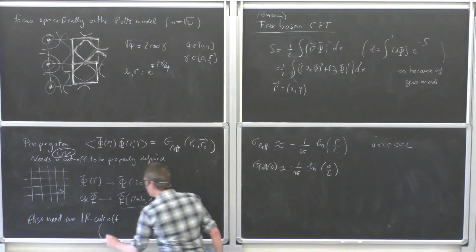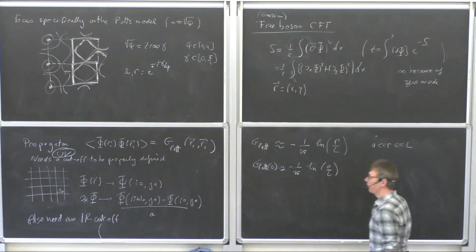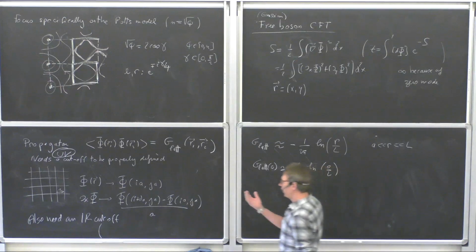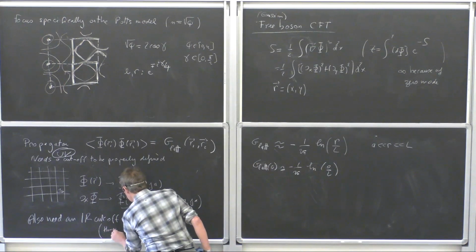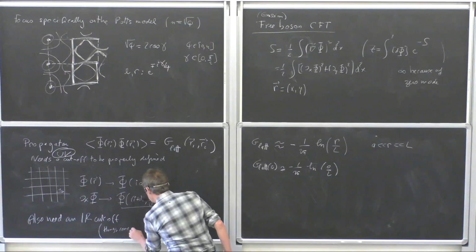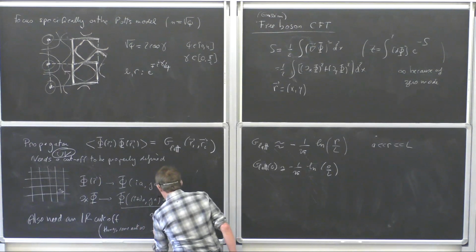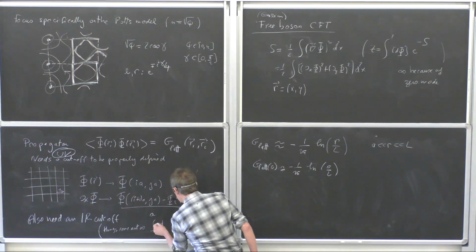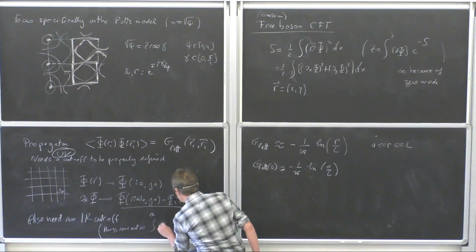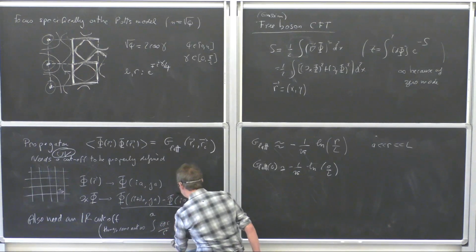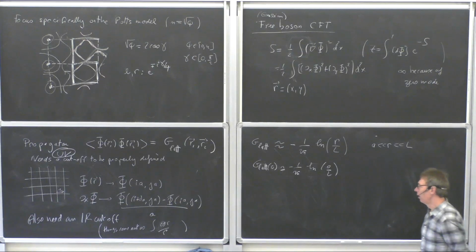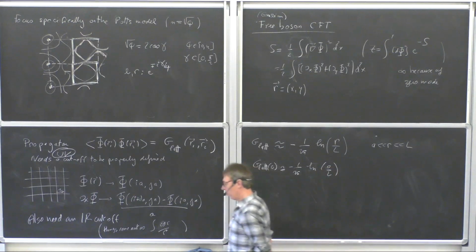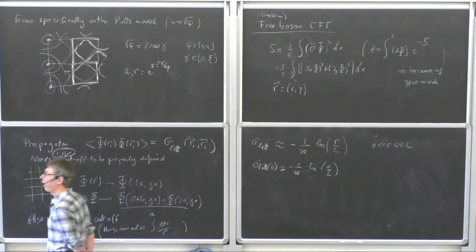And the reason is that whenever you deal with this free boson, everything comes out as involving integrals like R dR over R squared. And this kind of integral is particularly unpleasant because it has divergences both at R small and at R large.